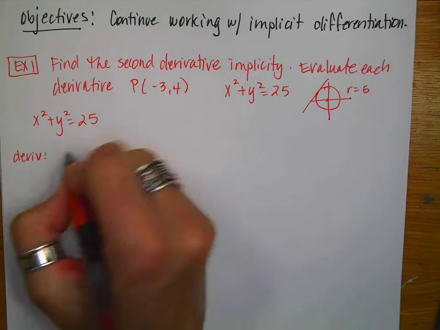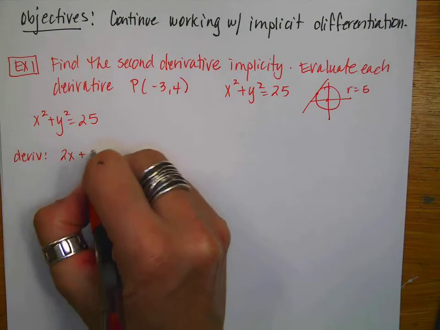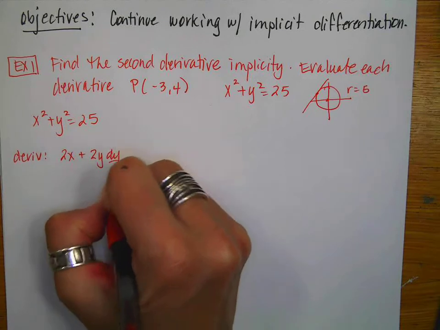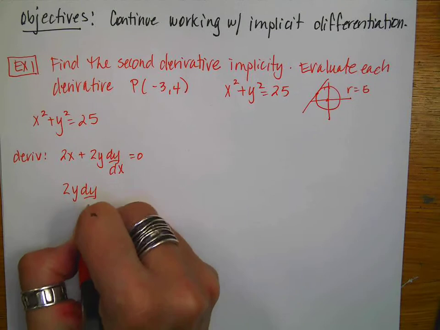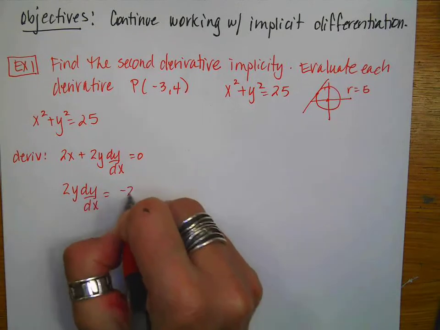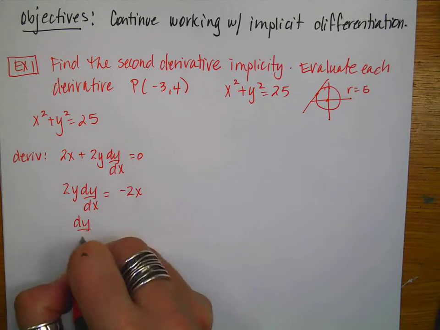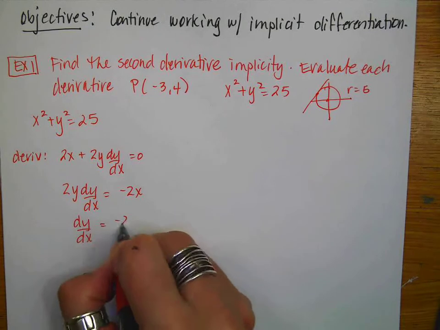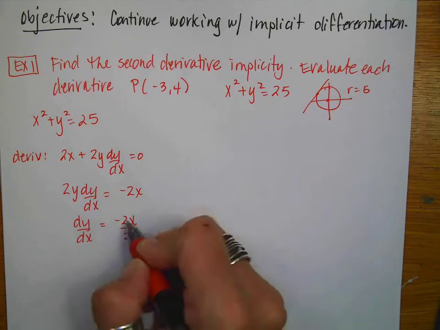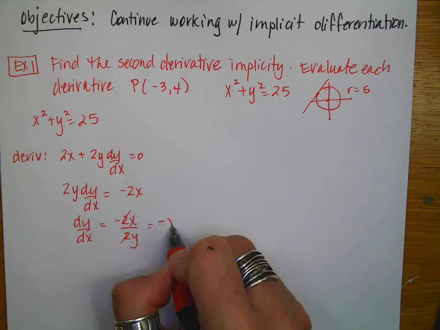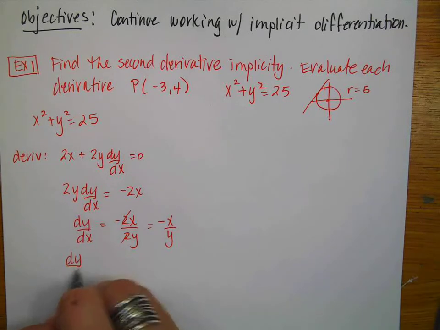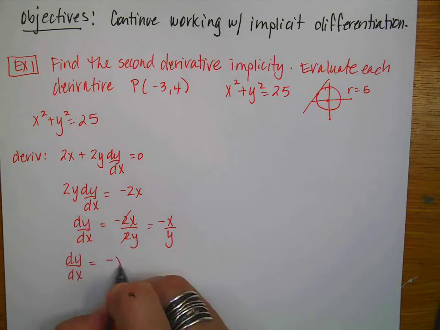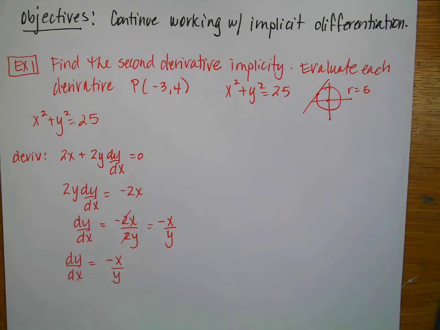First derivative: 2x plus 2y dy/dx is 0. 2y dy/dx is -2x, so dy/dx is -2x divided by 2y. The 2's cancel, so dy/dx is -x over y.